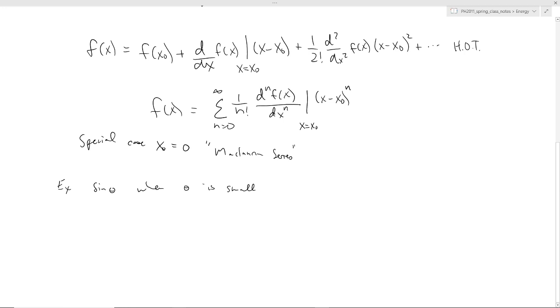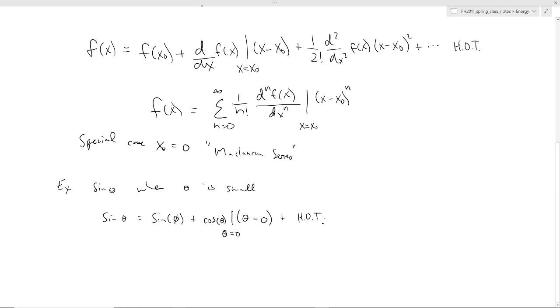Around theta equals 0, in other words, sine theta is going to become sine of 0 plus the derivative of sine, which would be cosine of theta, evaluated at theta equals 0, times the quantity theta minus 0, plus higher order terms. So this is just the first two pieces.